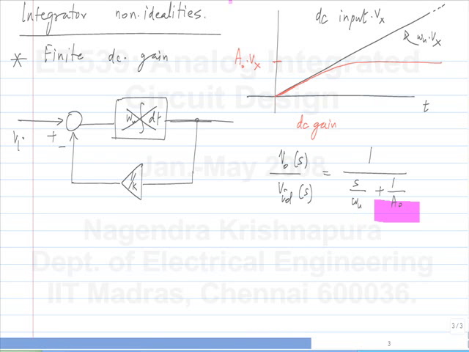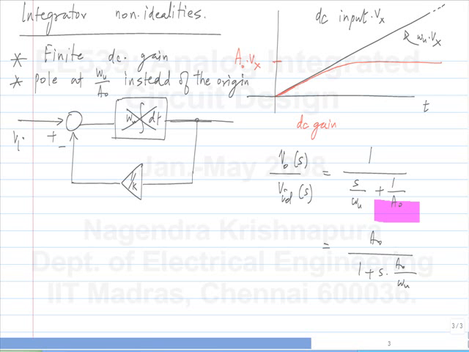So this is the transfer function. I mean, normally it may be written in a different way. Okay. So the pole is at the unity gain frequency divided by A naught. Pole is at omega u by A naught instead of the origin.